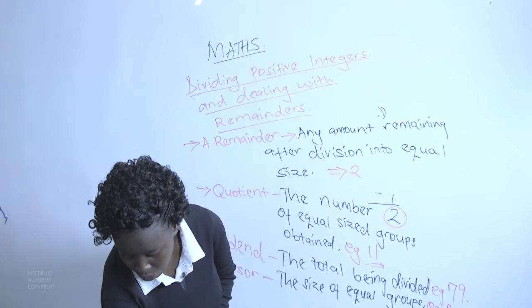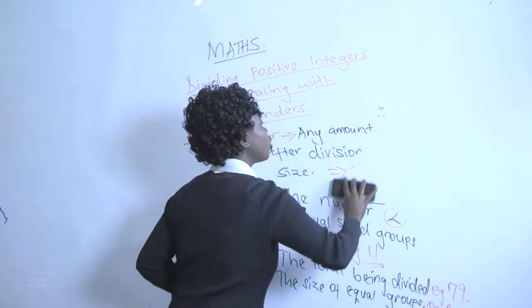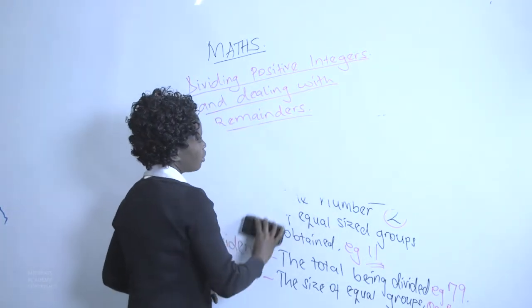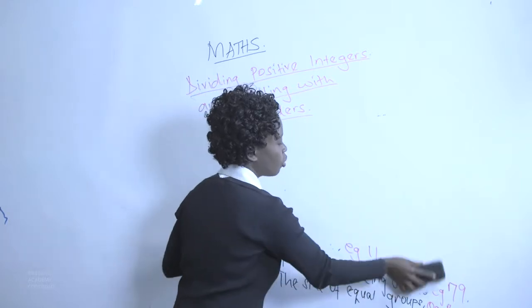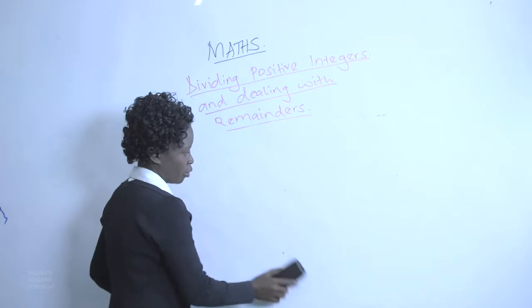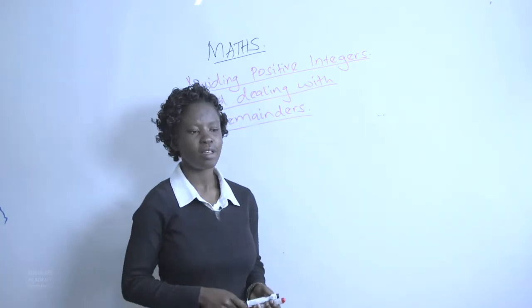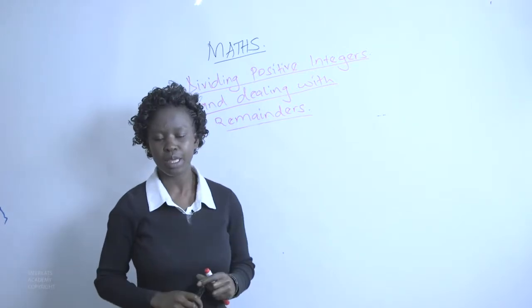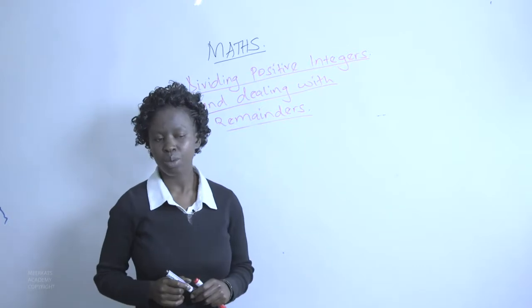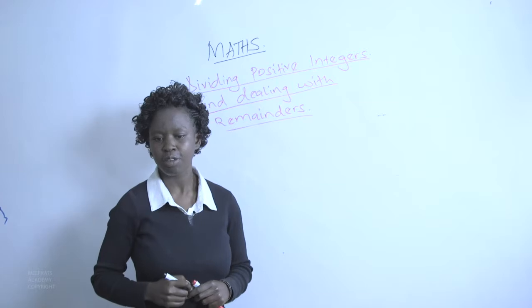So we can look at the process of division, but before we do, it is important for us to note that when we were looking at multiplication of positive numbers, we looked at the commutative rule and the associative rule.